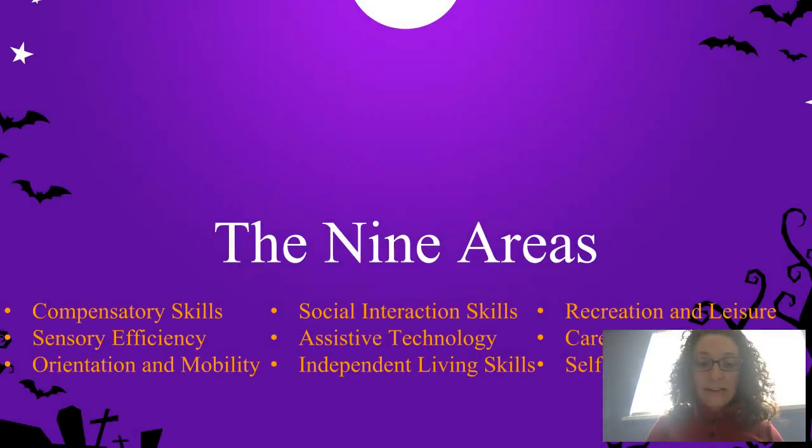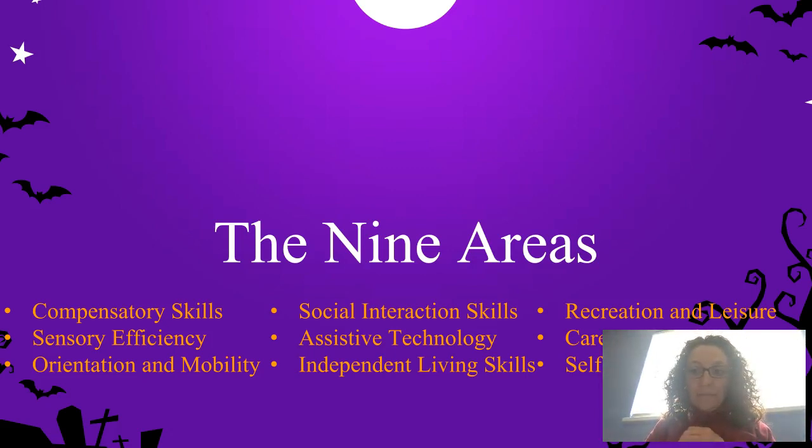There's 9 different areas of the ECC. There's compensatory skills, which actually includes Braille and abacus and a bunch of different compensatory skills. Sensory efficiency. People have asked me, like, what does that look like? What is sensory efficiency? Sensory efficiency is one of my favorite things to teach. It's fun.